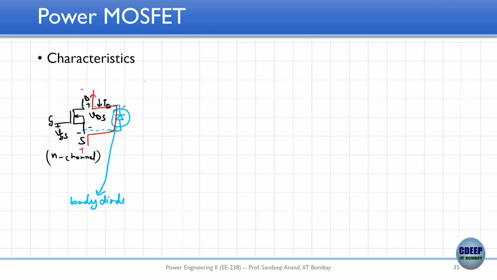The diode always exists, so there are two main differences between this and the thyristor characteristics. One is that the gate can be used to turn off also, which is fine. The second is that if you apply a negative bias on drain to source, which are the power terminals, the current will flow irrespective of the gate signal, because that diode is always present. We call it an anti-parallel diode.